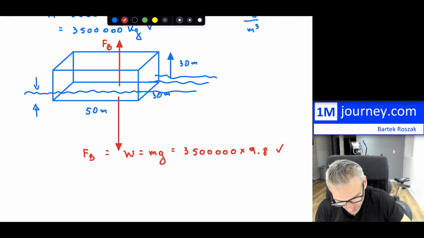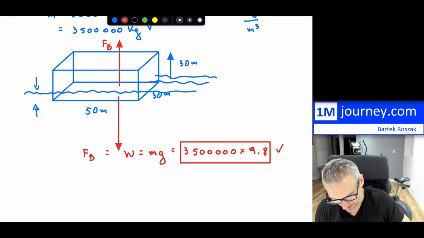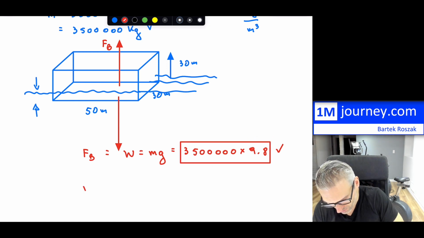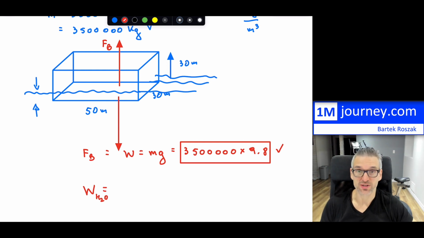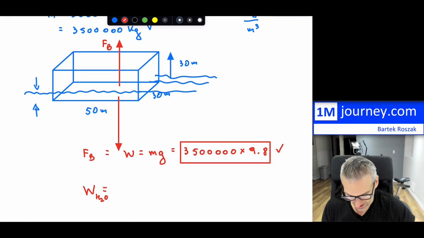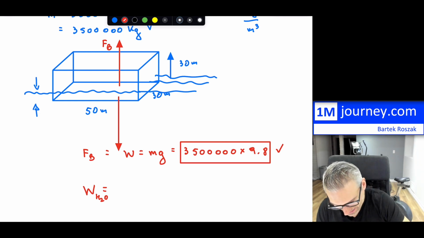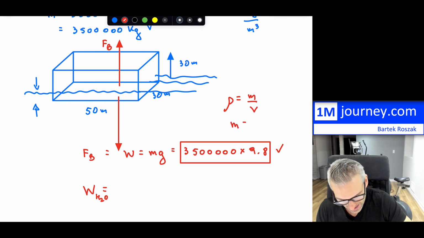So we have this huge force, and this is equal to the weight of the water, so this is the water that is displaced. What we want to do is, we don't know the mass of the water, but we know the density of the water. If you recall, density is mass divided by volume, which means mass is just density times volume.